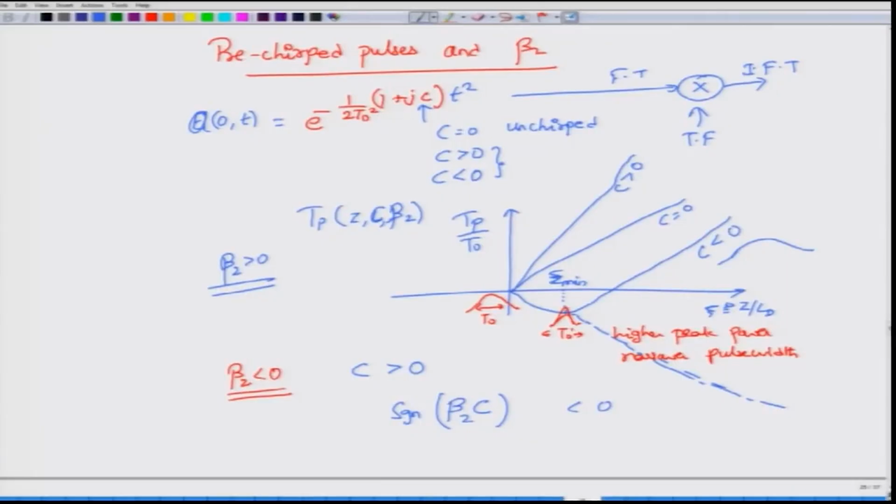So, you can actually engineer the value of beta 2 that you want, so that you can accomplish this pulse compression, and this pulse compression is a very important topic, as I told you, in pulse shaping in ultrafast optics. This pulse compression can also be put to some use for dispersion compensation.